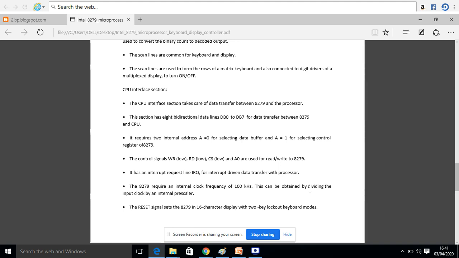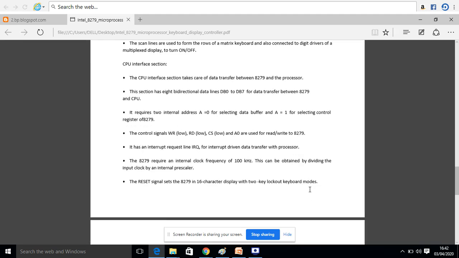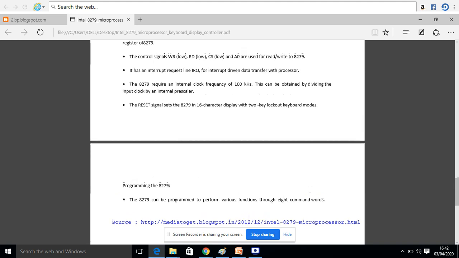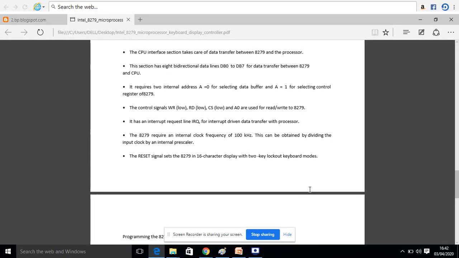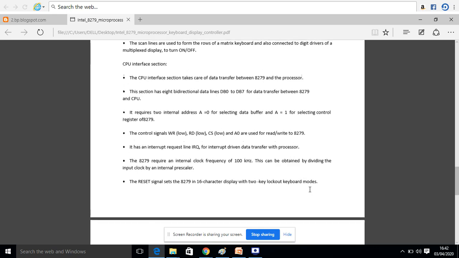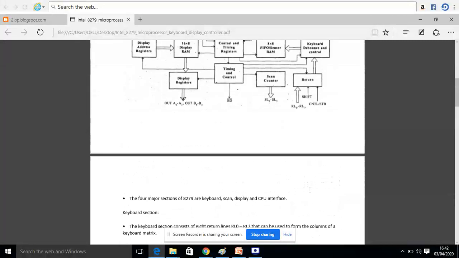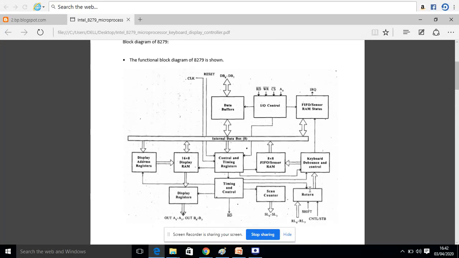The reset signal sets the 8279 in 16-character display with two-key lockout keyboard mode. So the 8279 can be programmed by various command words, and the programming of the 8279 for interfacing with the 8085 microprocessor will be shown in another lecture.